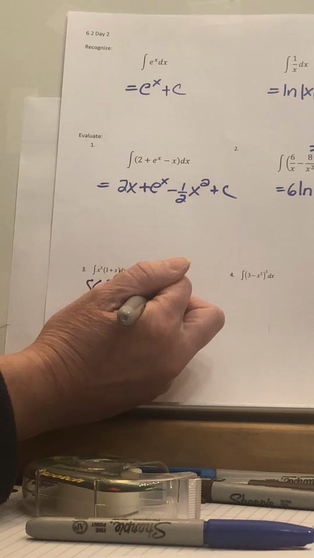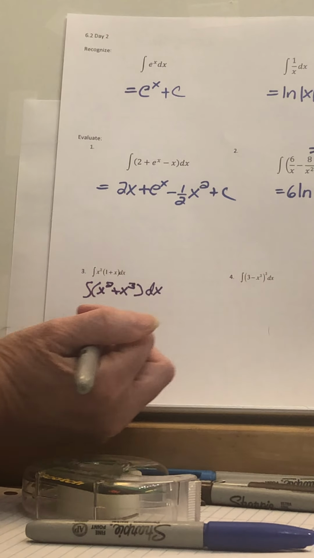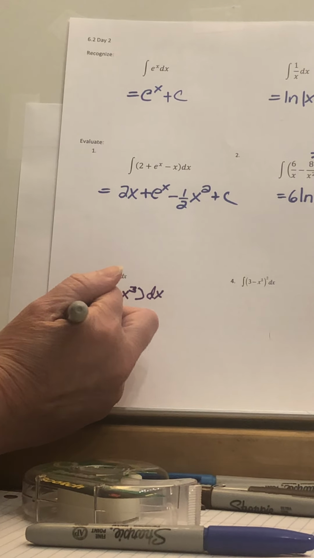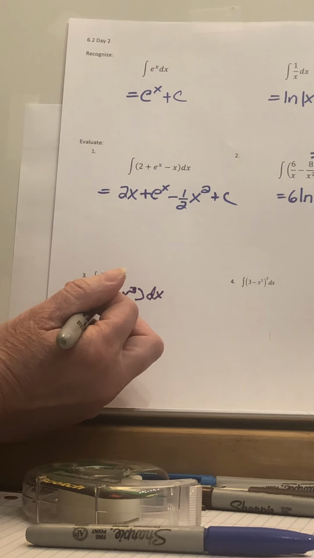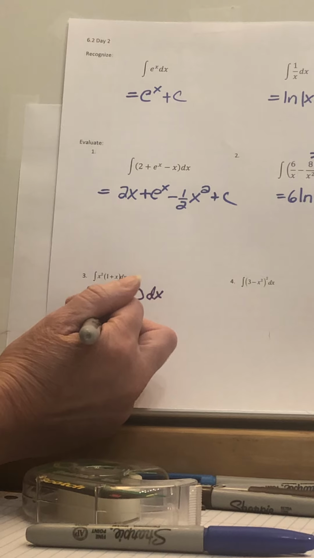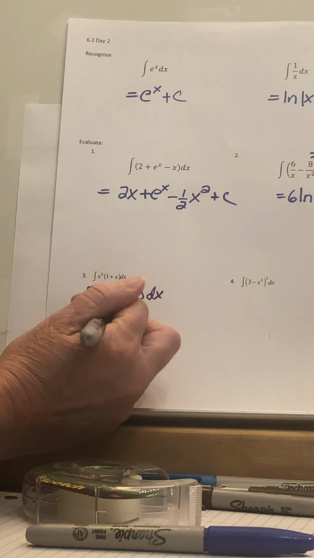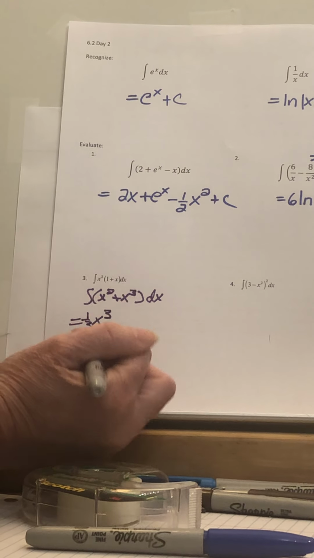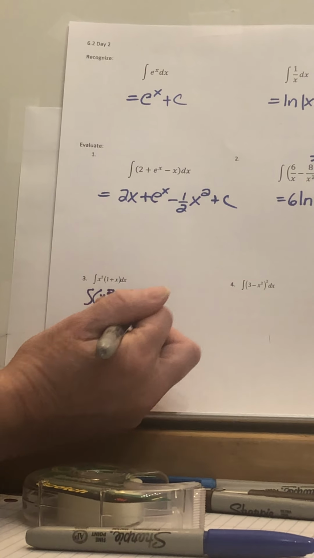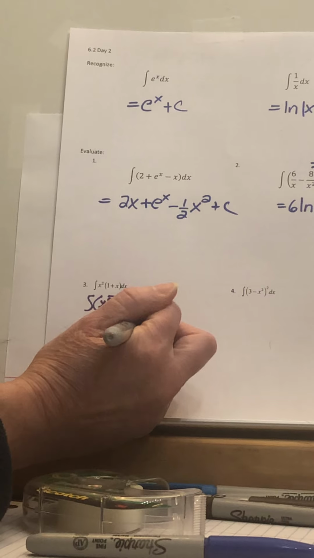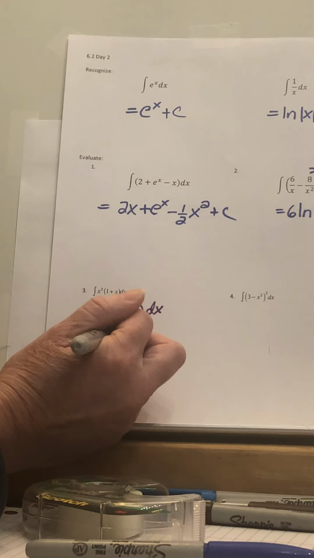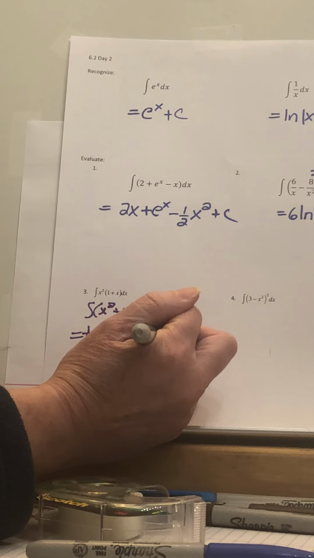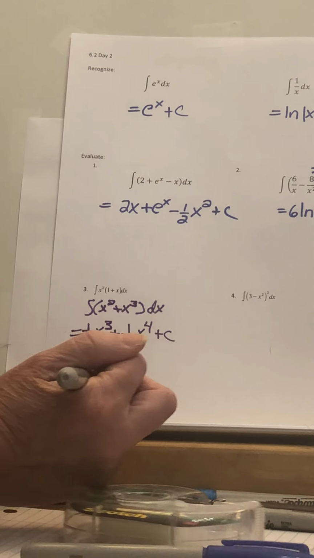In order to apply the power rule, you can't have any algebraic simplification left. So we perform the algebra, then we can apply the power rule. This becomes x to the third, increasing the power by 1, with 1/3 in front, plus increase the power by 1, you get 4, divide the 1 in front, you get 1/4, plus the constant at the end.